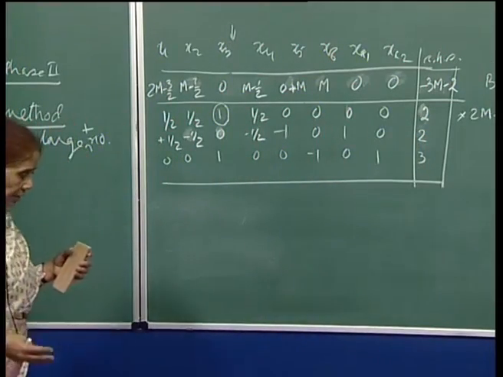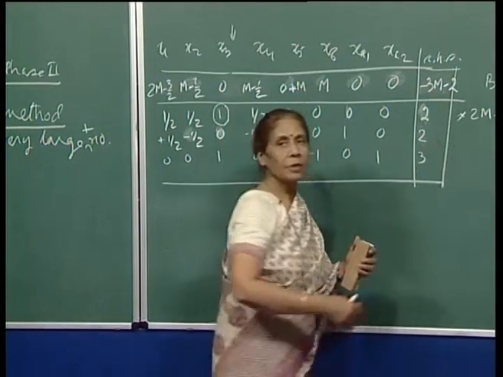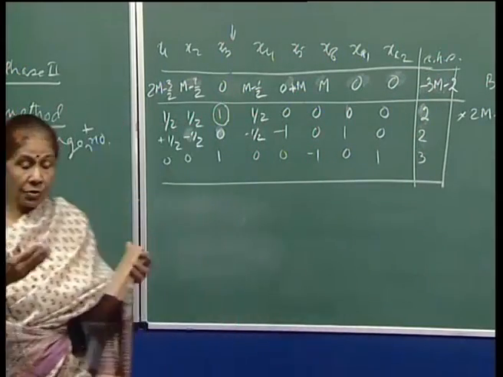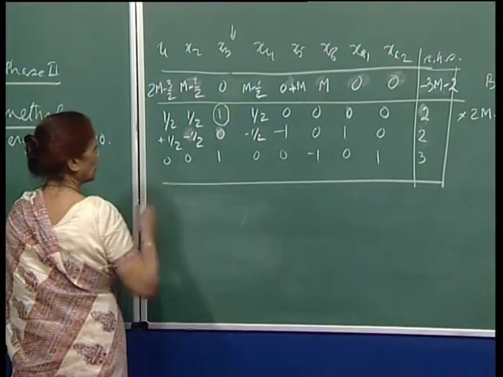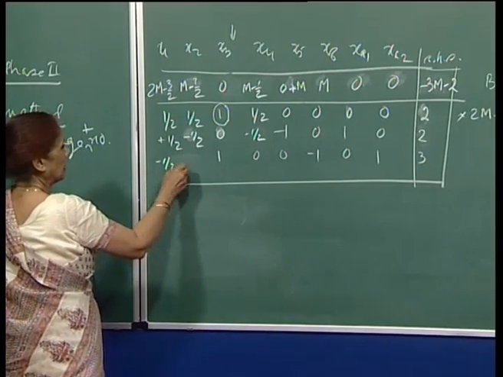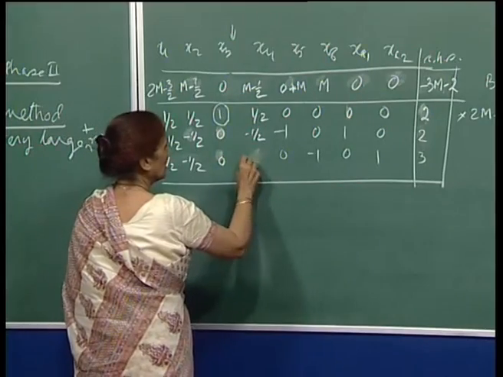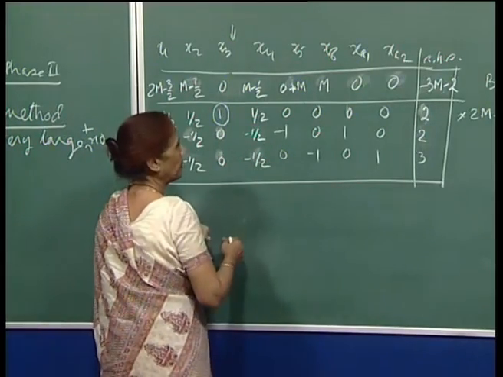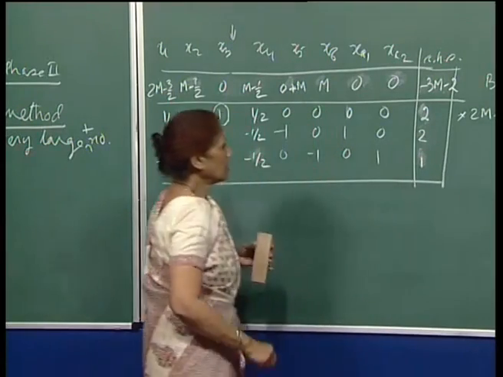You must keep checking that if your pivot choice is right, then this side should always remain non-negative, because you are going from one basic feasible solution to another, right. Now, again I subtract this row from here. So, this becomes minus 1 by 2, minus 1 by 2, 0, minus 1 by 2, nothing changes here, this becomes 1.